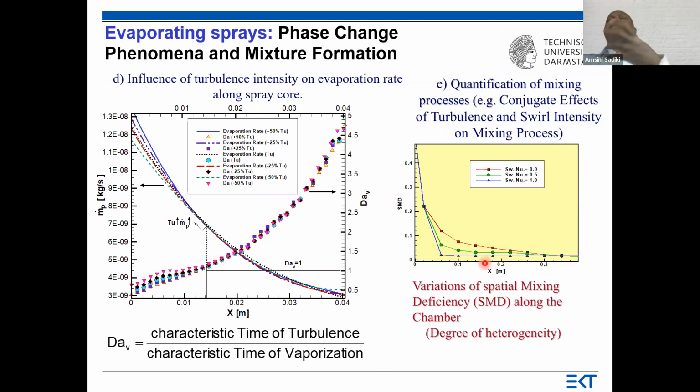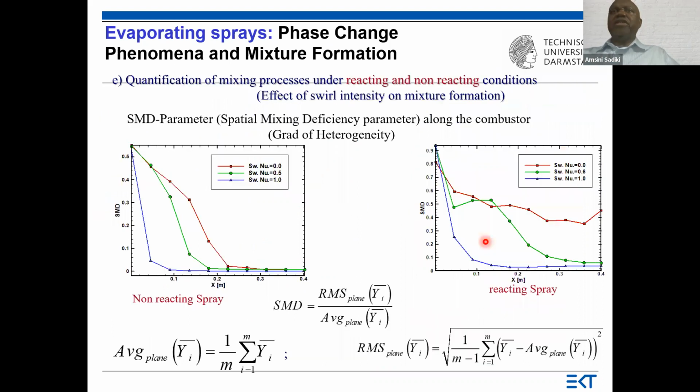And this is a very nice demonstration of why we need swirl in such a system, to enhance quickly the homogeneity of the mixture. If we want to augment the homogeneity, so to diminish the heterogeneity, we need swirl number.